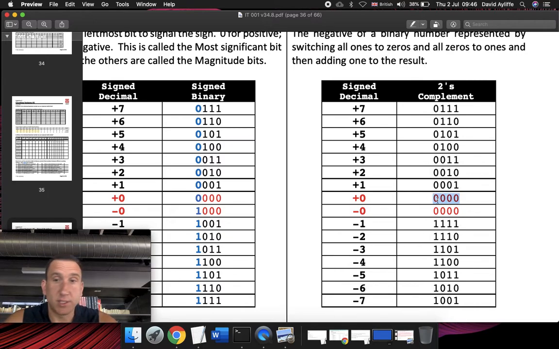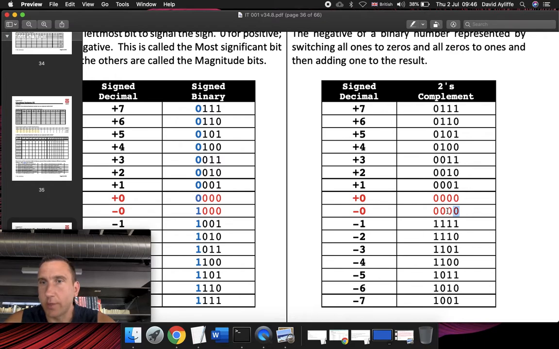And here, let's have a look at 0. So positive 0, we switch all of these to 1, so we get 1, 1, 1, 1. But then we need to add 1. Well, 1 plus 1 is 0, okay, but then we carry 1. Yeah, because 1 plus 1 is 2, and 2 is 1 and 0.